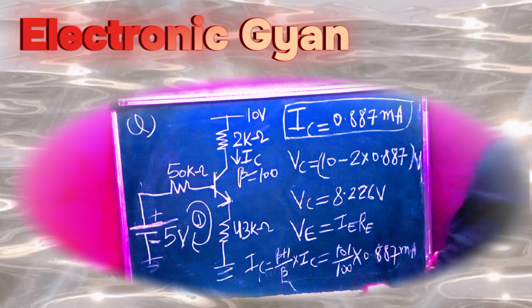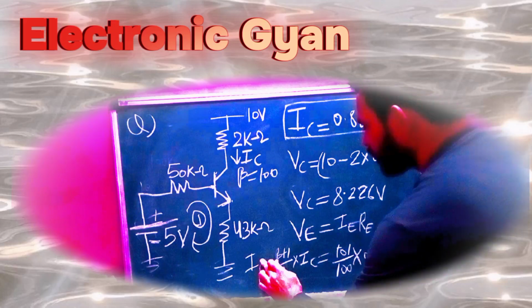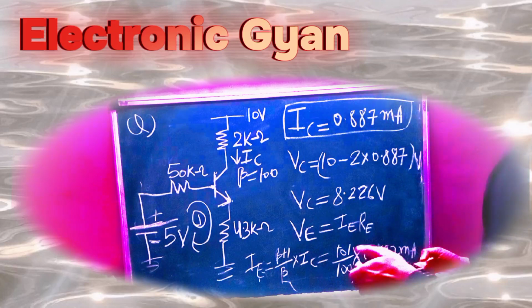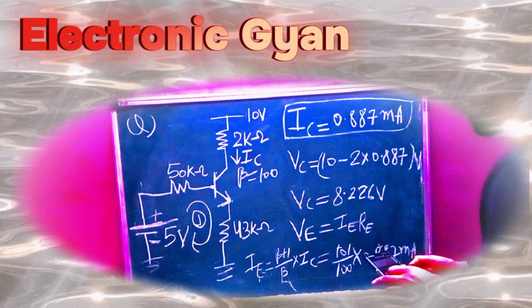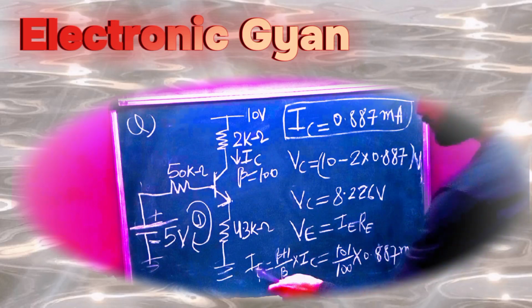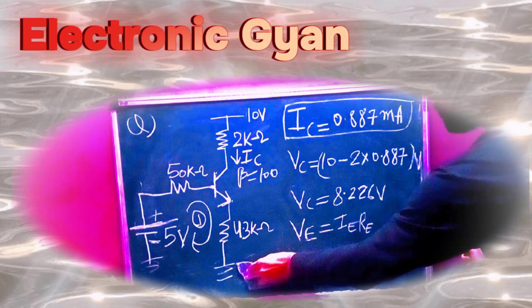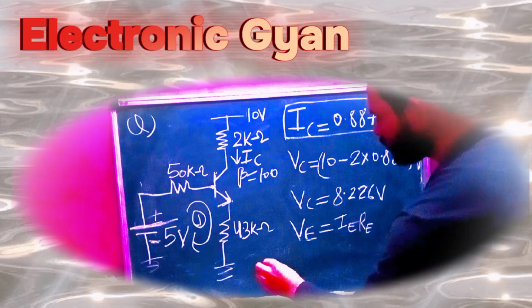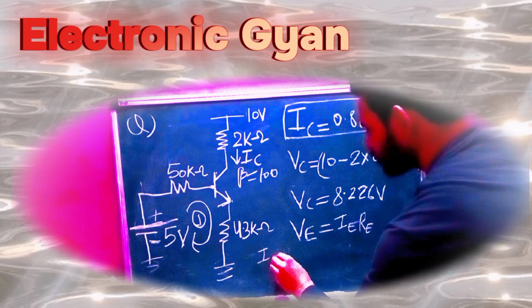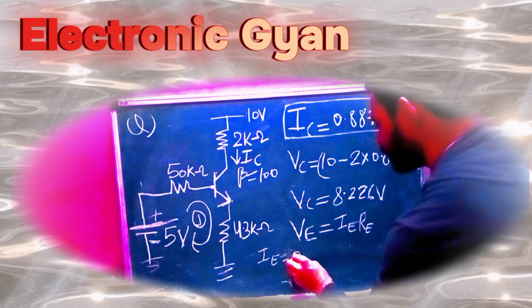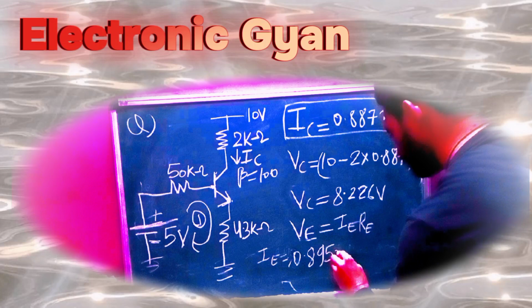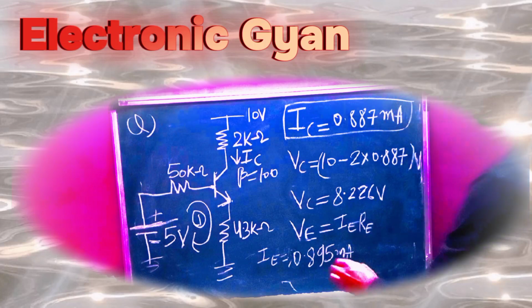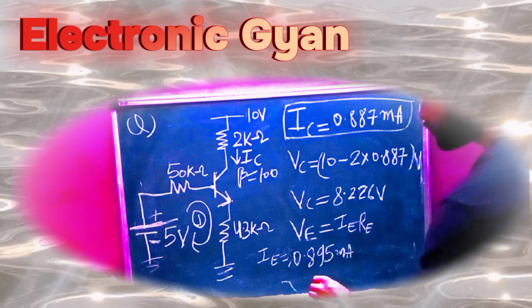How much emitter current will come? 101 divided by 100, multiplied with 0.887, gives 0.895 milliampere. So IE is equal to 0.895 milliampere.